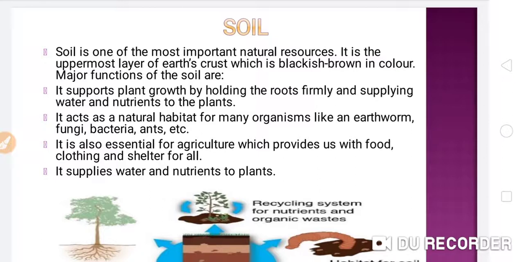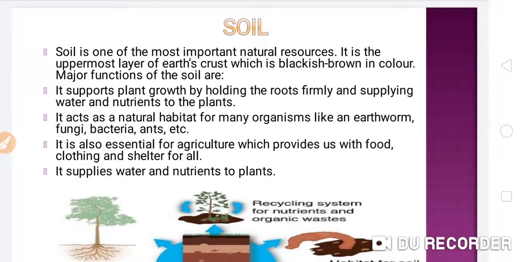Major functions of the soil: there are a number of functions. It supports plant growth by holding the roots. The plants we are planting have roots, and these roots are held by the soil, which also supplies water and nutrients to the plant.